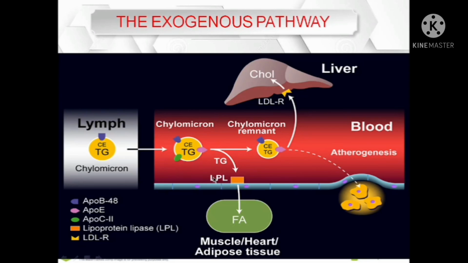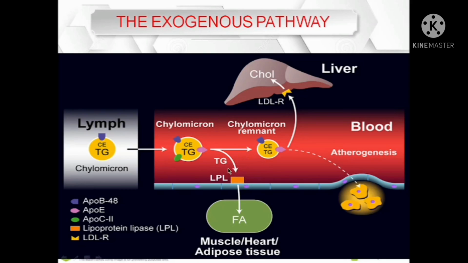What I want you to take from this slide is that in this exogenous pathway there are basically four things that play a major role. One is chylomicron, two is lipoprotein lipase, three is HDL, four is ApoC2.